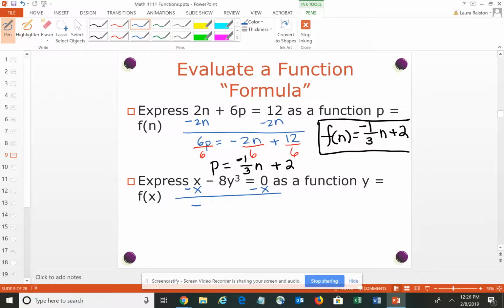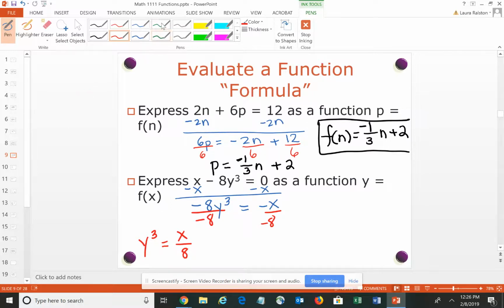So I have negative 8y to the third equals negative x. Then I'm going to divide both sides by negative 8 so that I have y to the third equals x over 8. Negative over negative makes it positive.